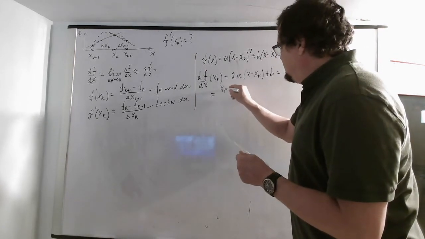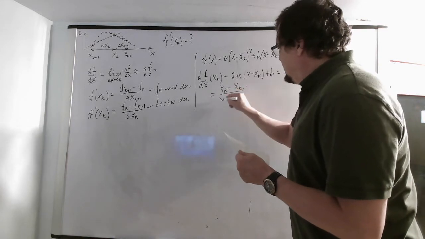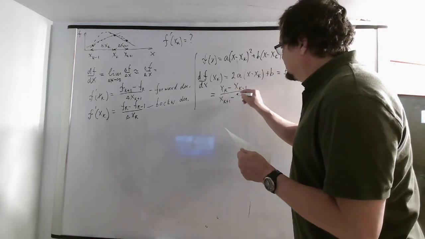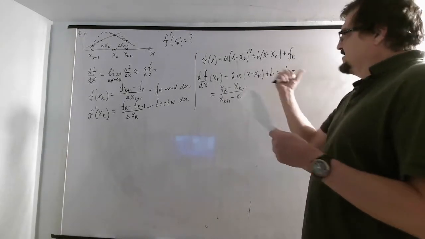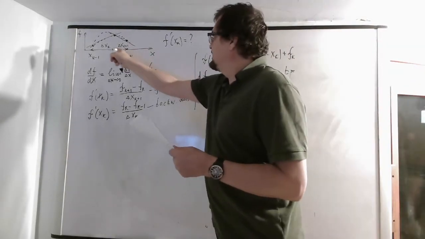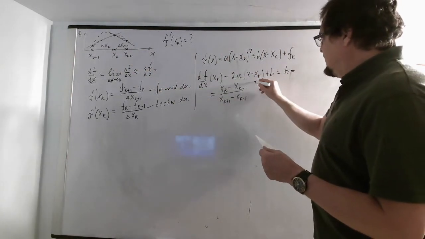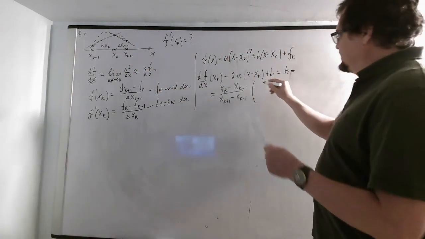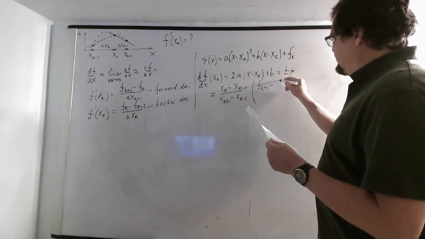As xk minus 1 divided by xk plus 1 minus xk minus 1. So this is kind of like a weight, right, weight from that point. So this interval over the whole length of the interval times the first derivative, the forward derivative.